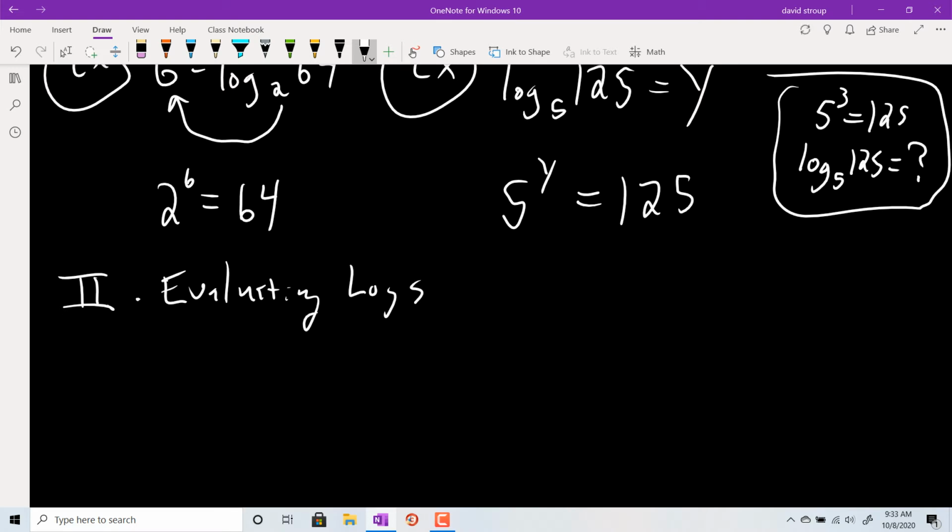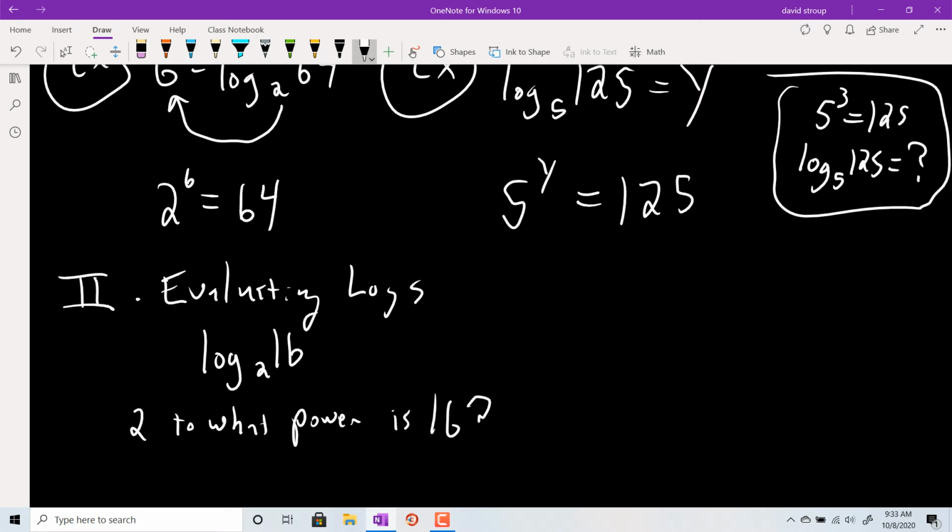If, for example, they give you log base 2 of 16, what you're asking yourself in your brain is 2 to what power is 16? And of course, 2 times 2 is 4, times 2 is 8, times 2 is 16, so it's 4.